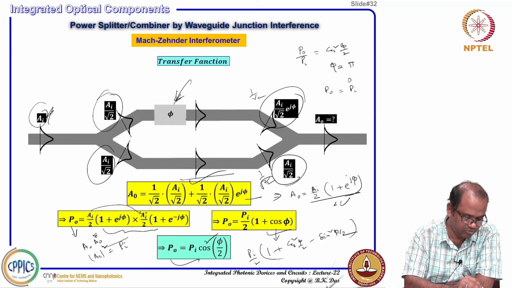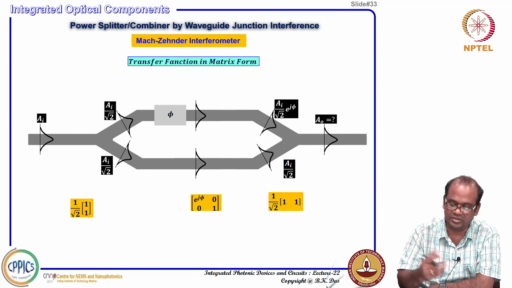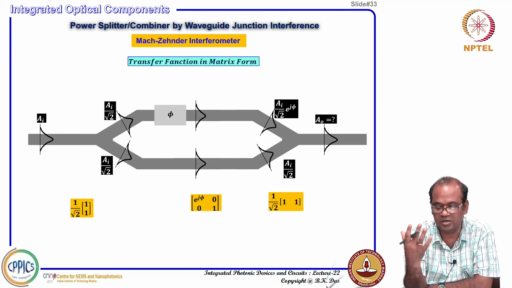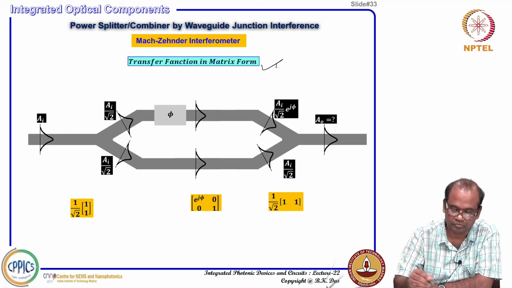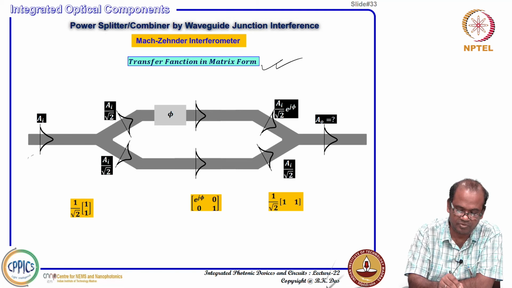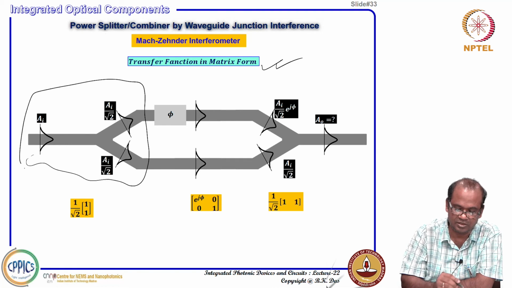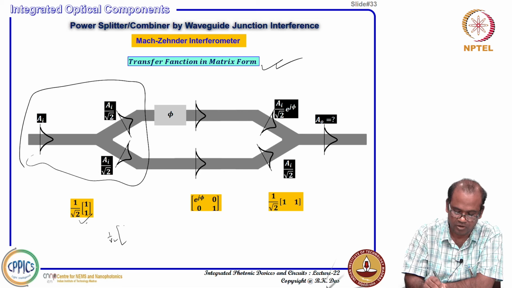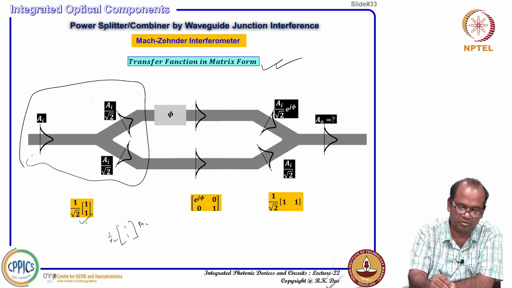Sometimes, for large scale integration, you may be interested in representing the transfer function in matrix form. What is the transfer function you can write for this Y junction? If you see, it is 1 over root 2 times 1 1, and your input is this one, and the outputs may be A1 and A2, for example.